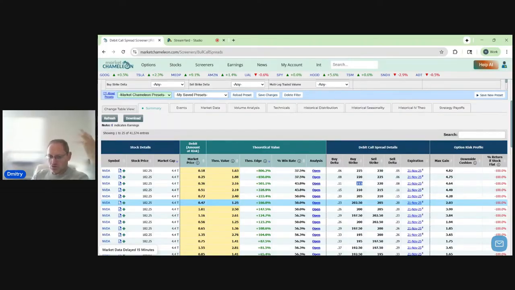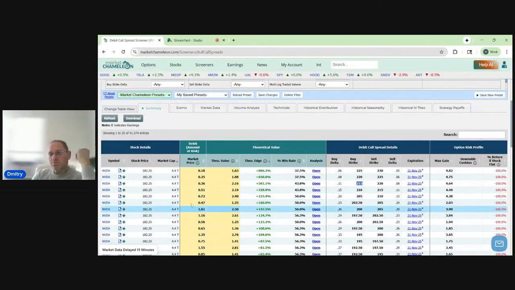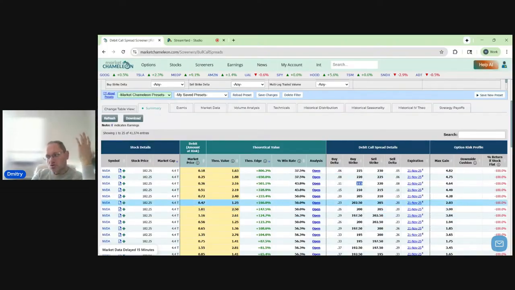And we use a screener. It's helpful to start analyzing them against each other. With the call spread, the risk is the price you're paying in a debit call spread.